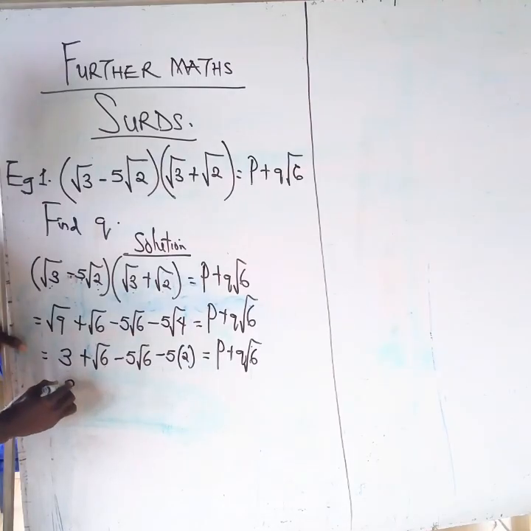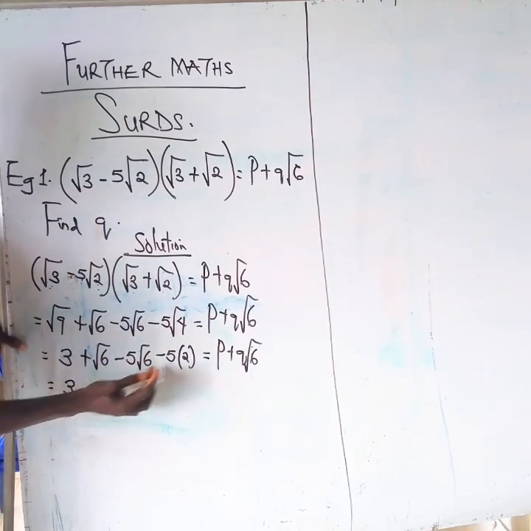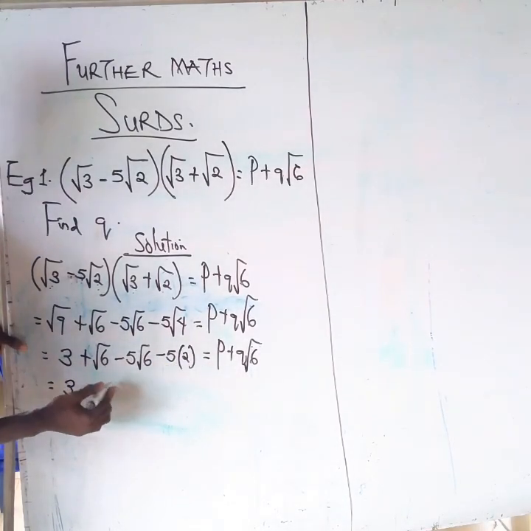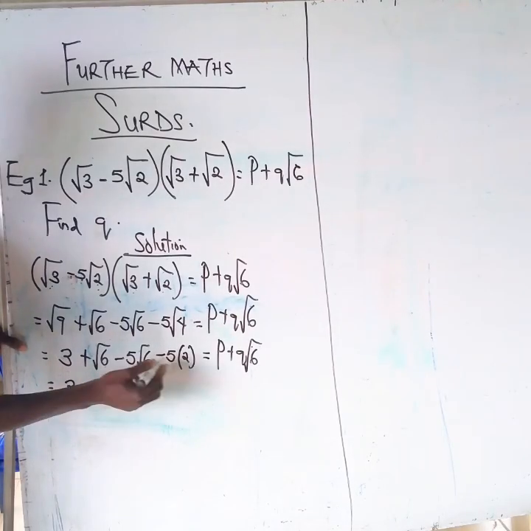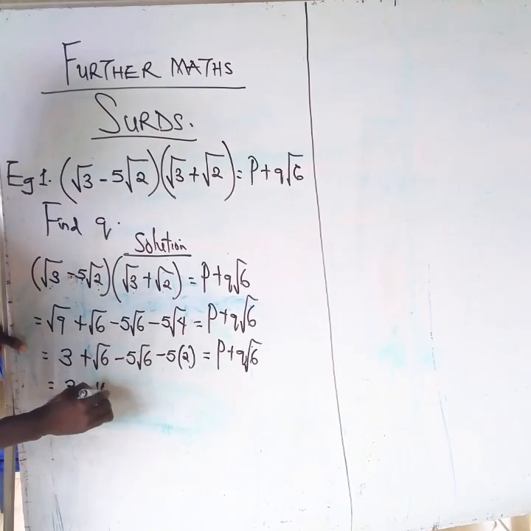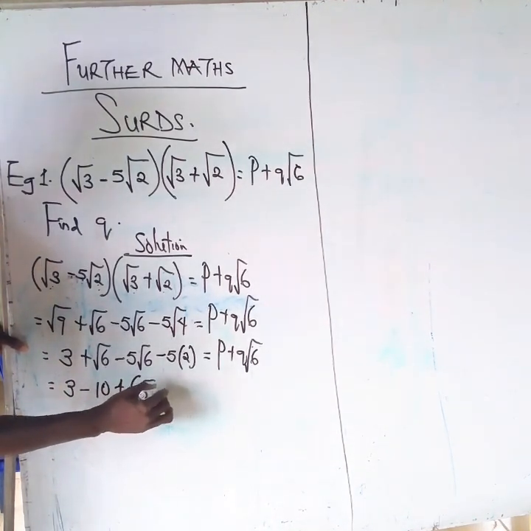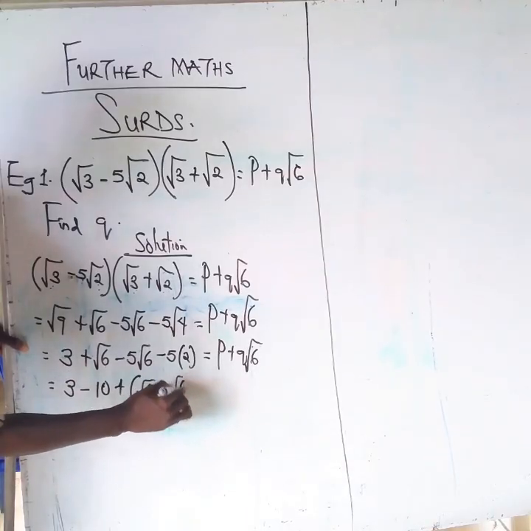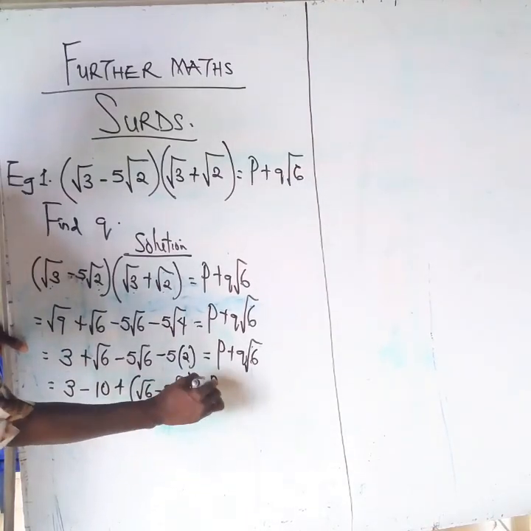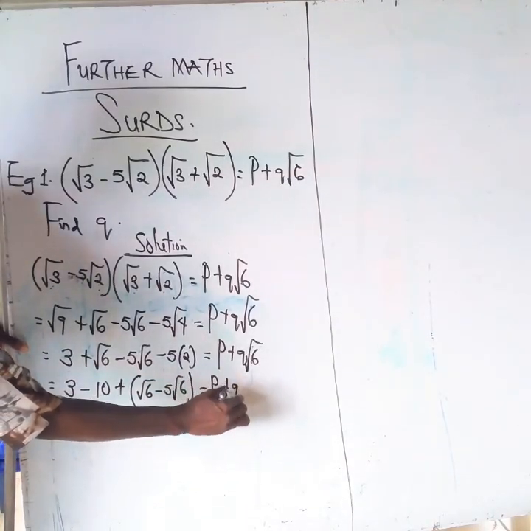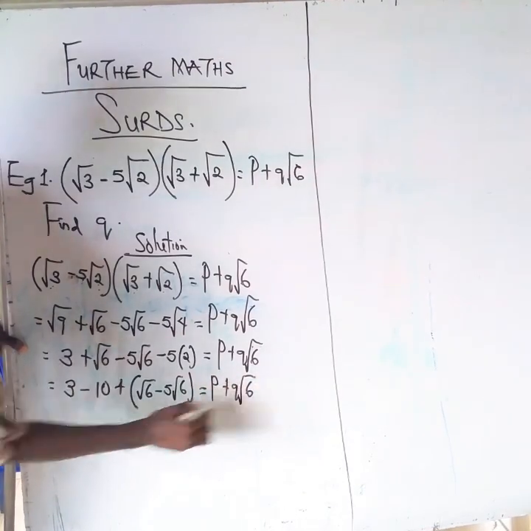We have 3 minus 5 times 2 is what? Is 10. So you have 3 minus 10, then you have root 6 minus 5 root 6, all equals to p plus q root 6.